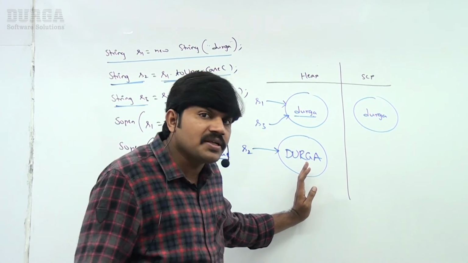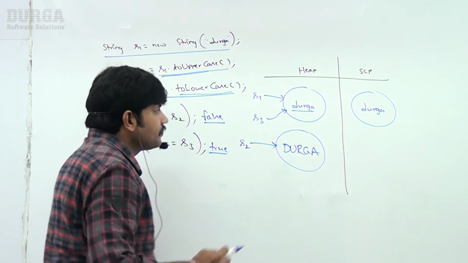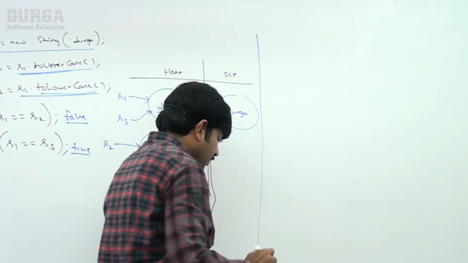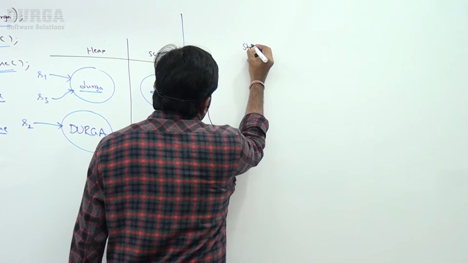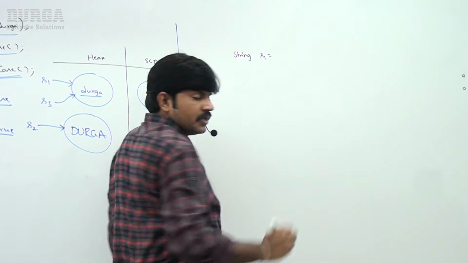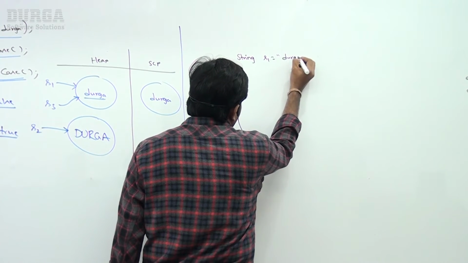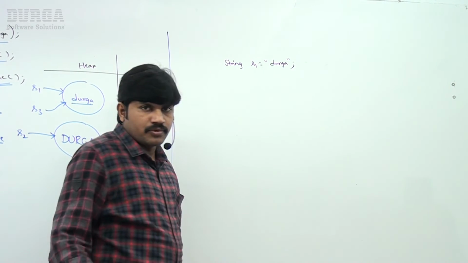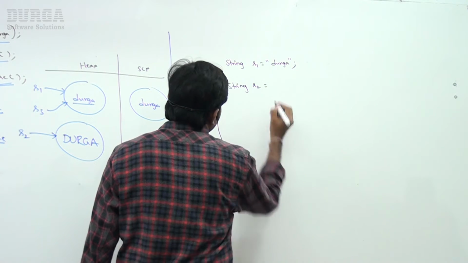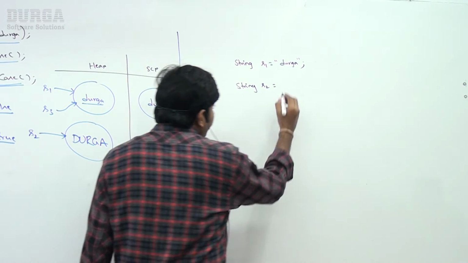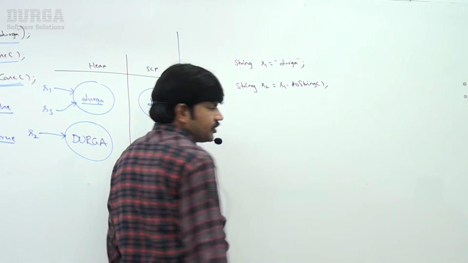Let me go for one more example, then you can get much clarity about this point, sir. Here, have a look once. I'm taking String s1 = "Durga", like this. String s2 = s1.toString().